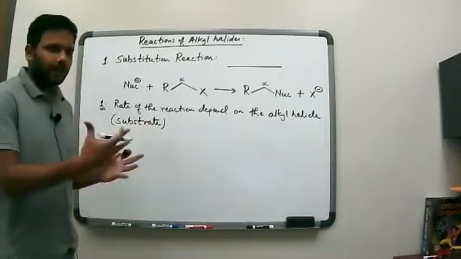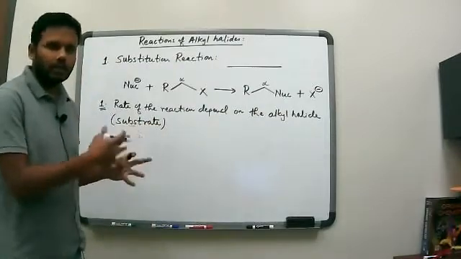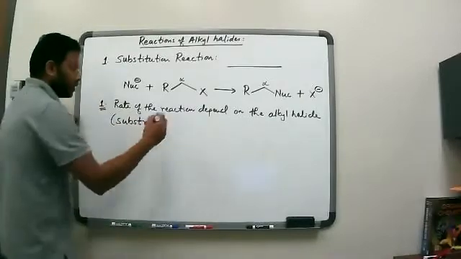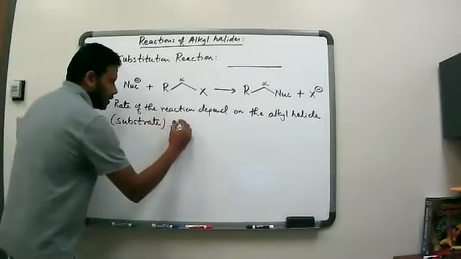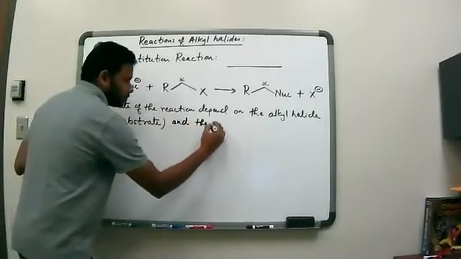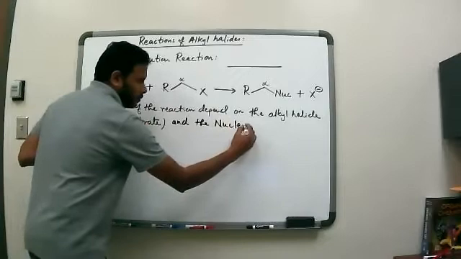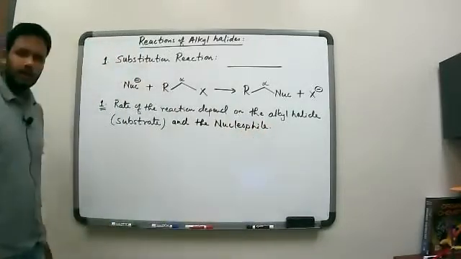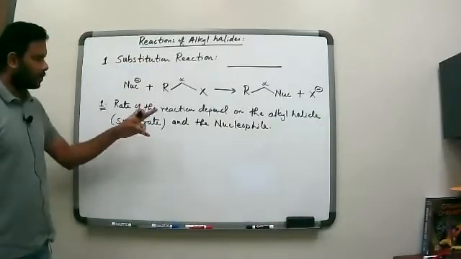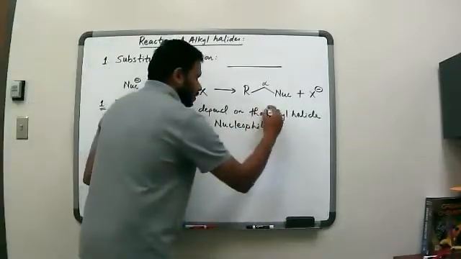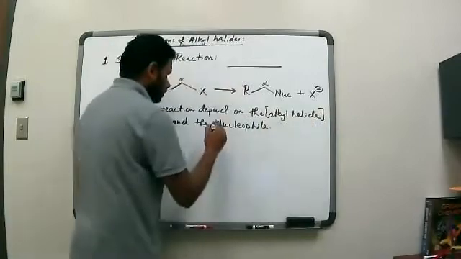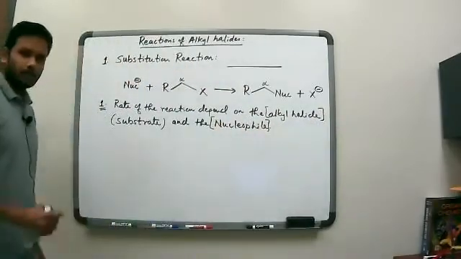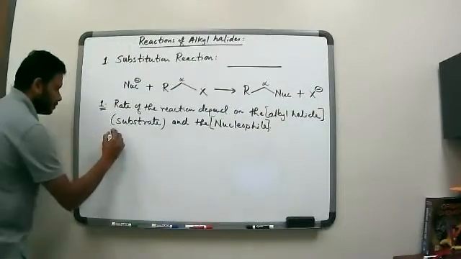That's the reactant, the organic compound that is undergoing the reaction. The rate of the reaction depends on the concentration of the alkyl halide, the substrate, and the concentration of the nucleophile. That's one thing that we know about the reaction.